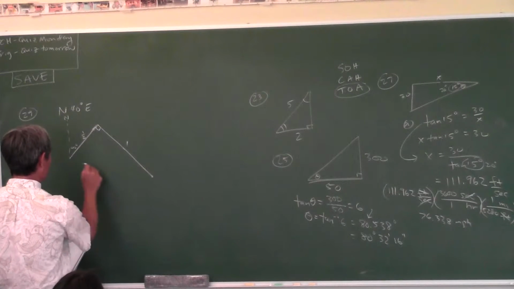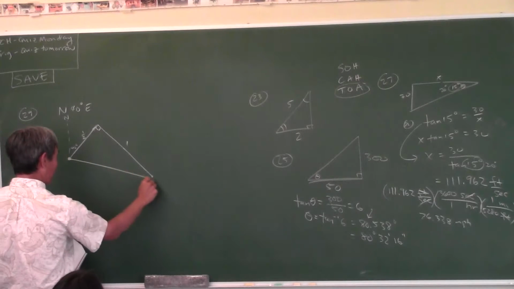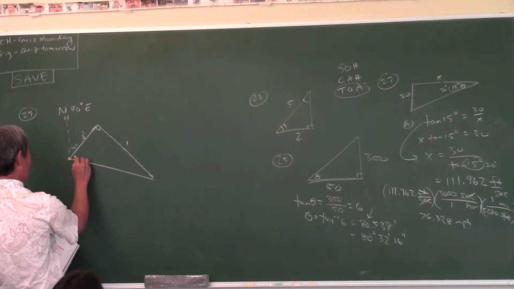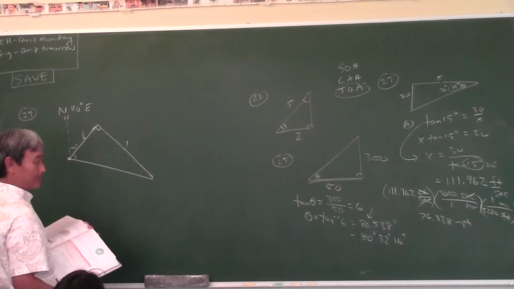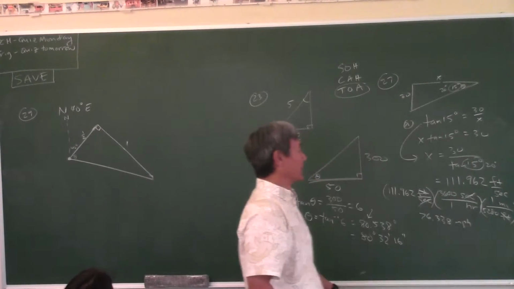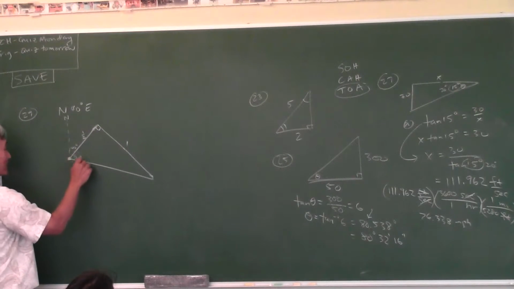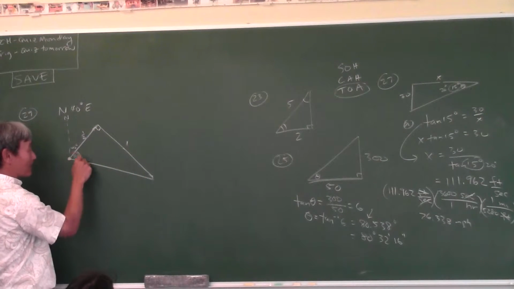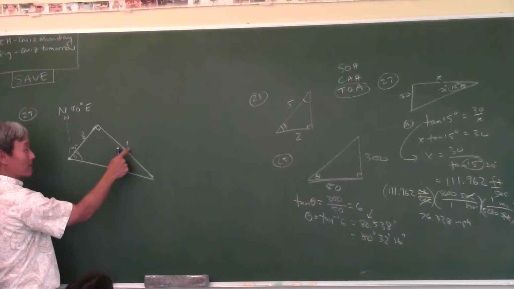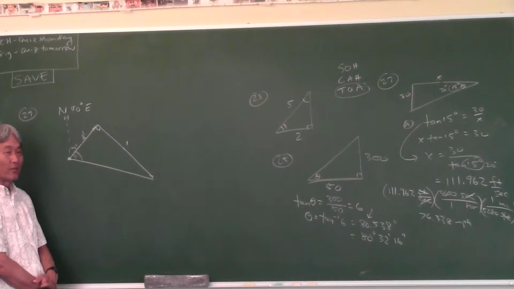In other words, here's the airport right there. They want to know this angle right there. That's what you've got to figure out. Now, look, once I draw a picture, this is so easy. If this is the right triangle, this is the angle I want to find. This is the opposite side, this is adjacent. Which of the three has opposite and adjacent in it?